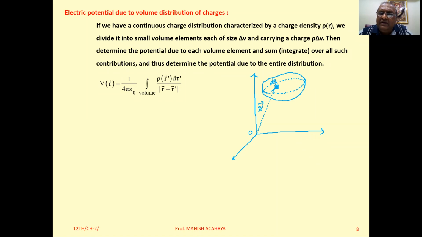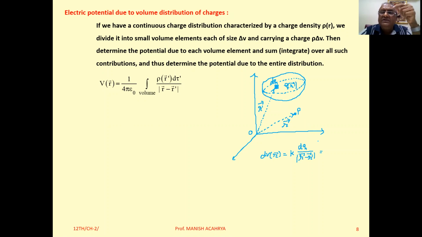Now, due to this particular infinitesimally small element, the potential at point P having position vector r we can simply write like this: dV at position r equals k dq upon magnitude r minus r dash. But now how much is dq? Suppose the volume charge density is rho of r dash, that is, charge per unit volume.